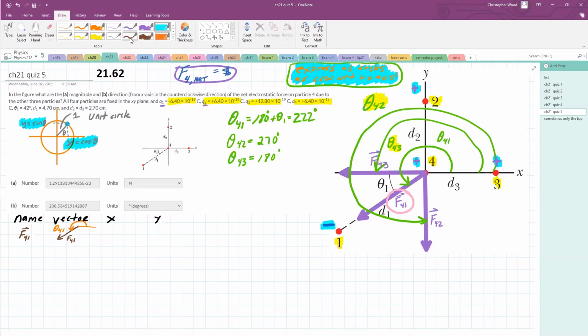So what is the x component of the force exerted on particle 4 due to particle 1? It's Coulomb's law: follow the subscripts, k Q4 Q1 all over r41 squared, times cosine theta 41, which captures the x component.